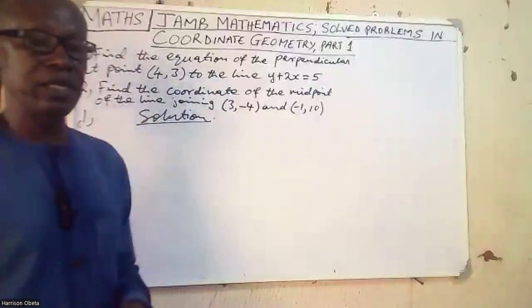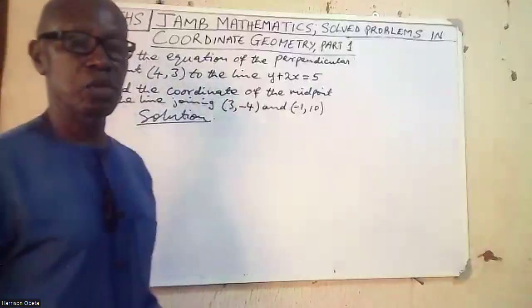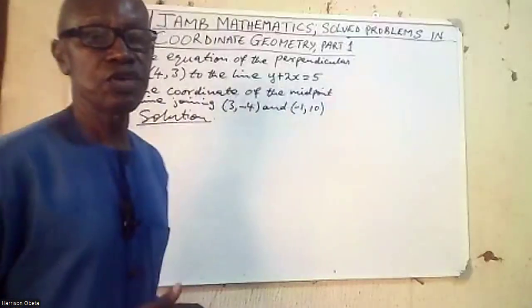Now, when two lines are perpendicular, it means that when you multiply the gradients, it will give you -1.